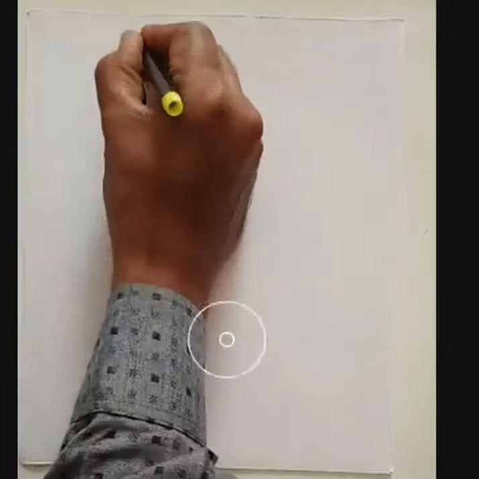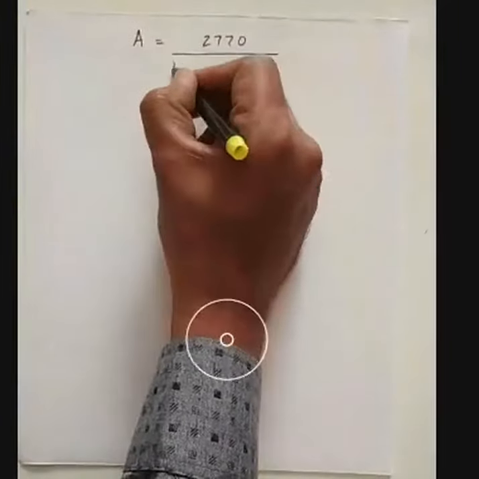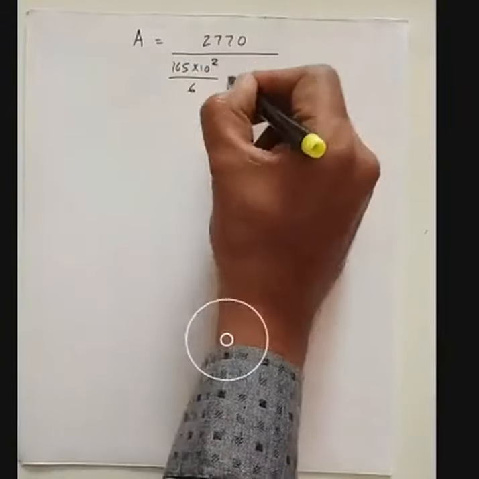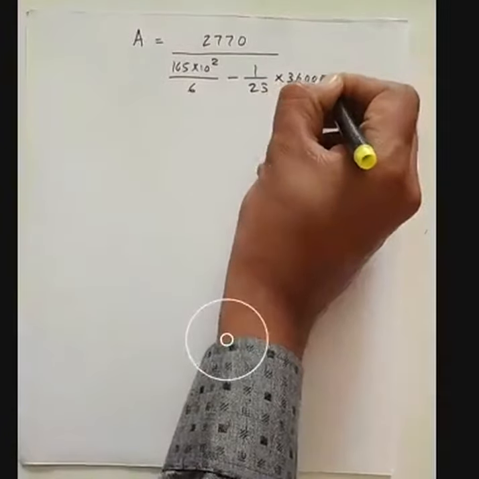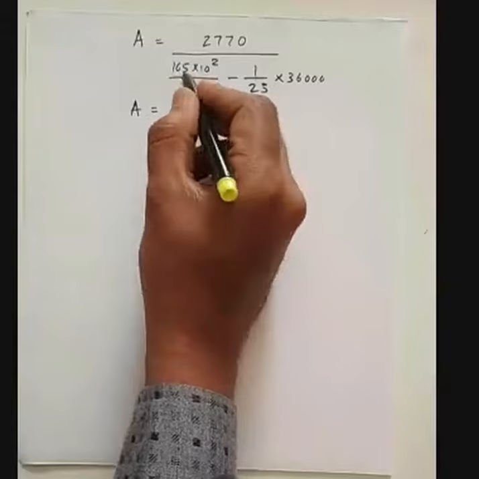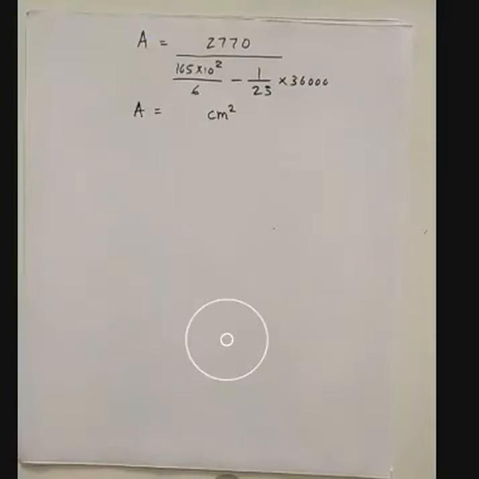Area equals 2770 upon 165 into 10 raised to 2 divided by 6, minus 1 upon 23 into 36000. You'll get the area. As we have kept this in kgf per centimeter square, the area will come out in centimeter square. 1.598.